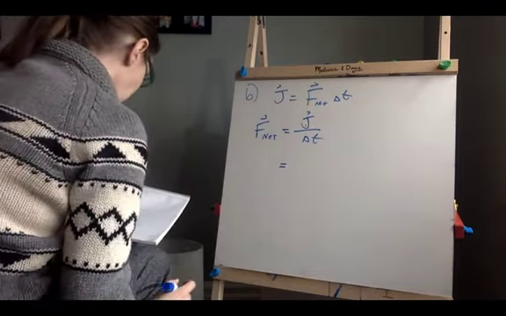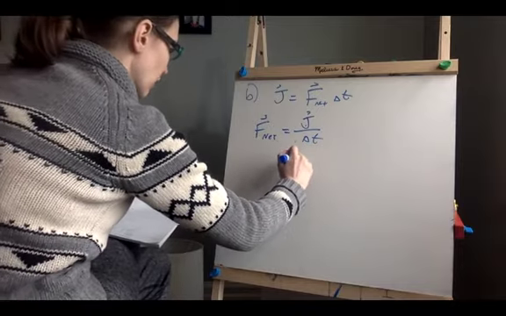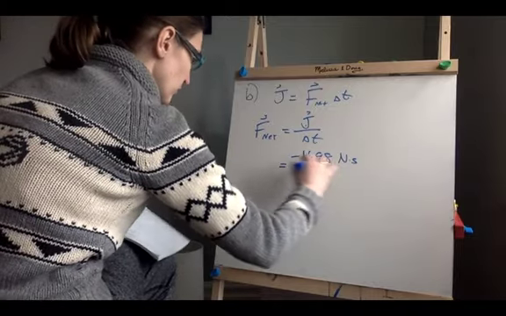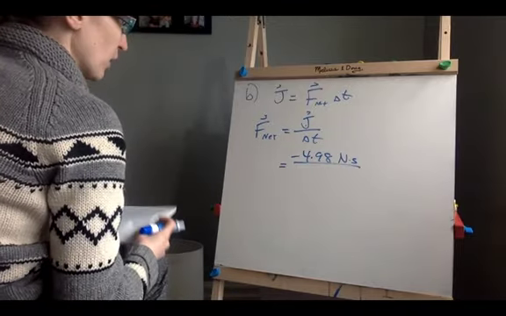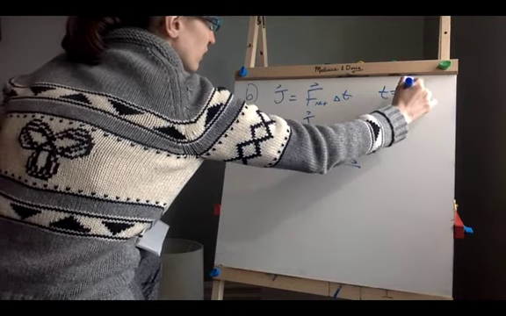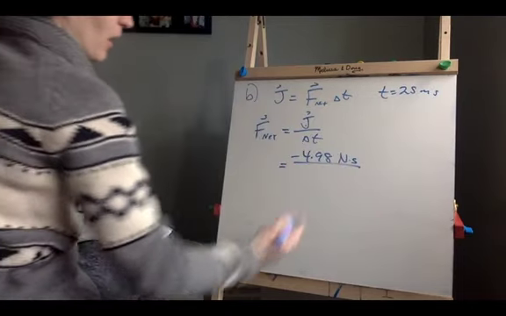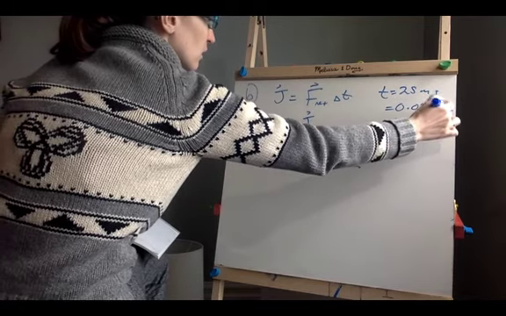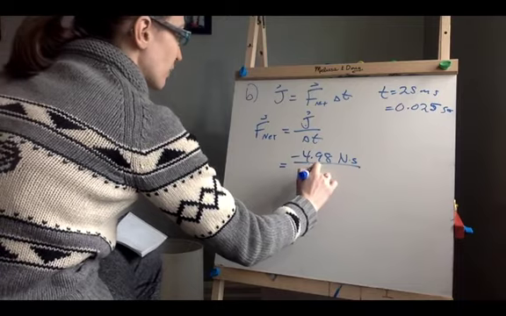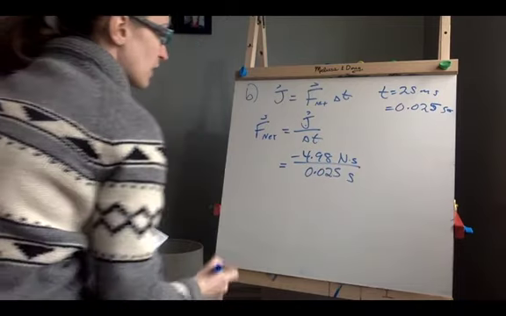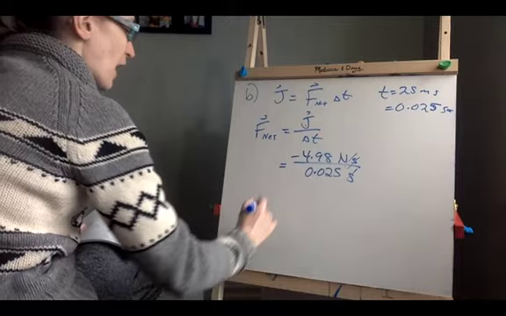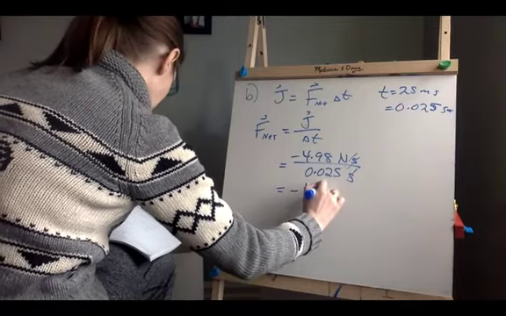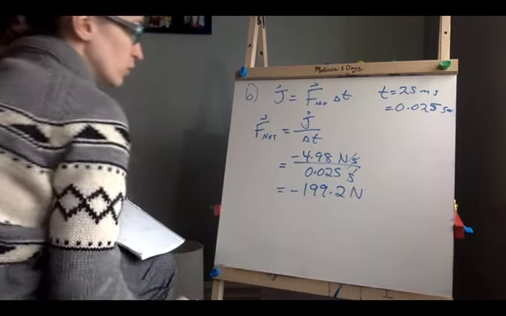Okay, impulse was calculated. I'm going to use my non-rounded answer just to try and be as precise as possible, which is my negative 4.98 Newton seconds, and my time given was 25 milliseconds, so you'd have to divide that by 1,000, and that gives you 0.025 seconds. Okay, so I'm dividing that by the 0.025 seconds, and you notice your seconds will cancel, and you'll be left with a value in newtons, which ends up just being negative 199.2 newtons.